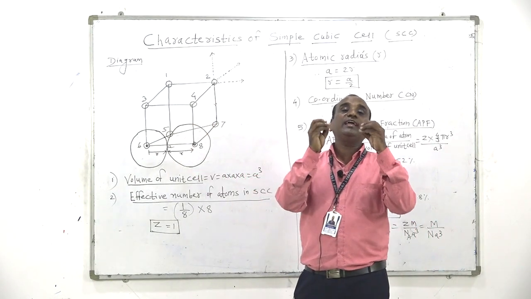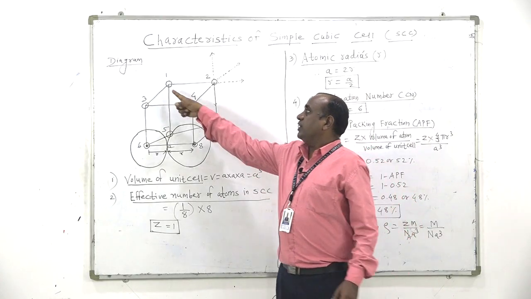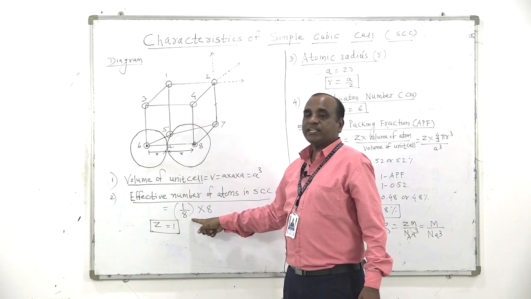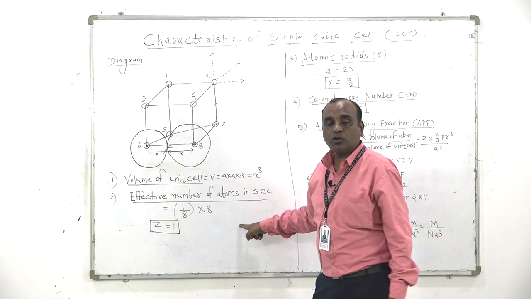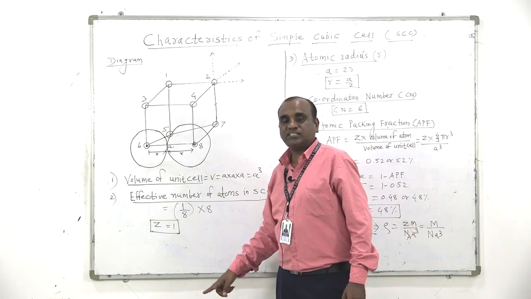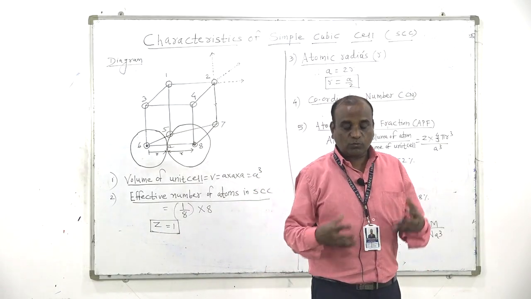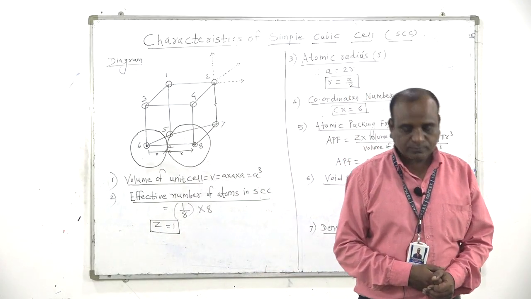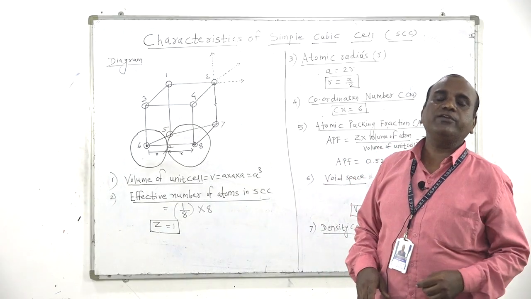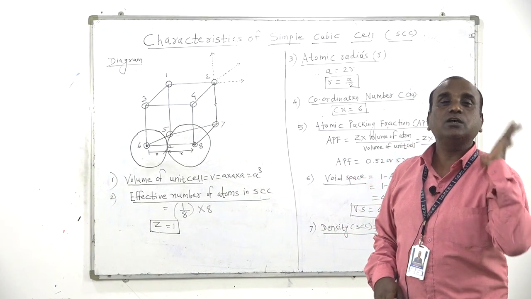There are a total of 8 corner atoms. So what will be the fraction? Look, 1 of 8 will be the fraction, multiplied by total corner atoms, which is 8. So 8 will cancel and you will get Z is equal to 1. What do you mean by Z is equal to 1? Z is equal to 1 means the effective number of atoms in simple cubic cell is 1.